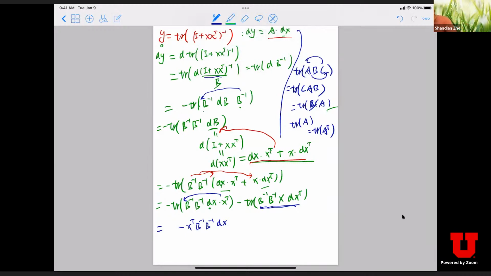Because B is n by n, and B minus is n by n. X is n by 1, while dx transpose will be 1 by n. So when they multiply together, they will end up with an n by n matrix. So now we're gonna apply this rule: if I take the transpose of this matrix, I won't affect the trace result.